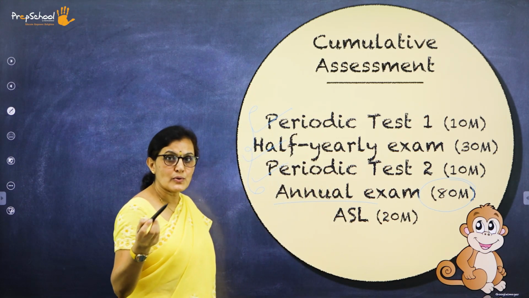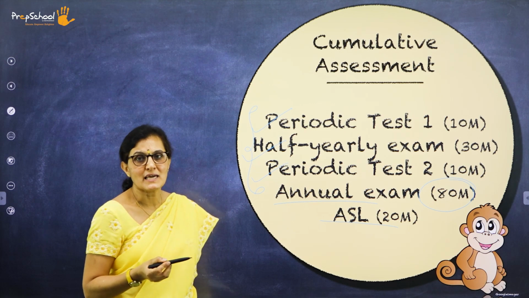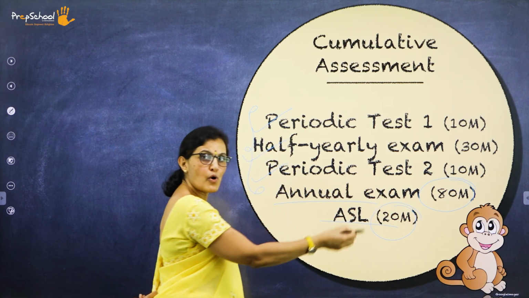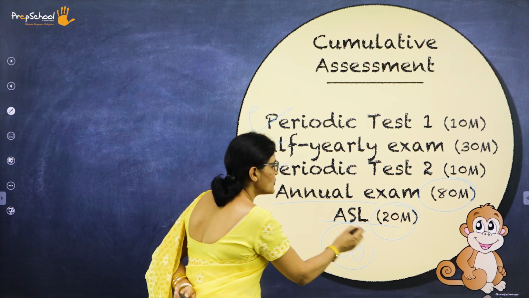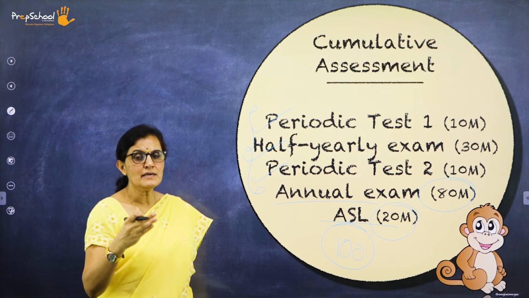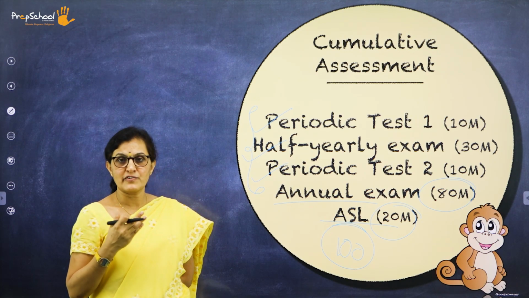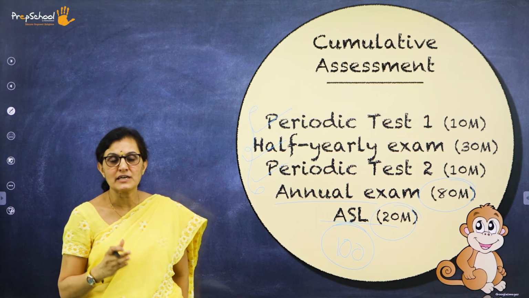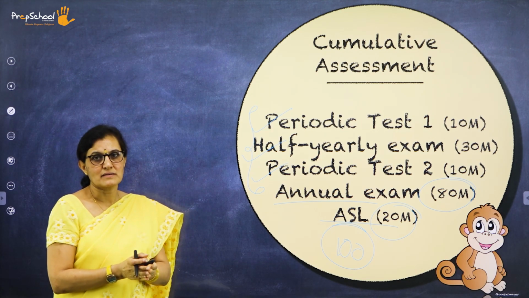Along with that, you will have the internal assessment on speaking and listening which is for 20 marks. Now both put together, you will be evaluated or graded for 100 marks. To repeat, you may have to take 2 periodic tests and a half-yearly exam before you write your annual examination. So this is your cumulative assessment.